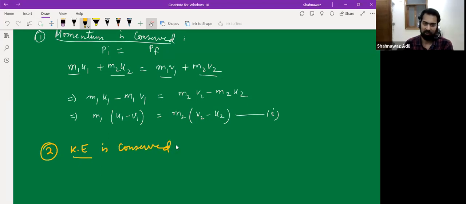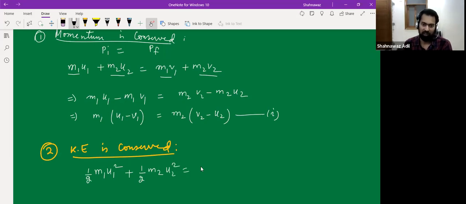So for the first guy, the kinetic energy will be half mass into velocity square, and for the second guy, half mass into velocity square. And then for the final one, we have half m1 v1 square and half m2 v2 square, right?